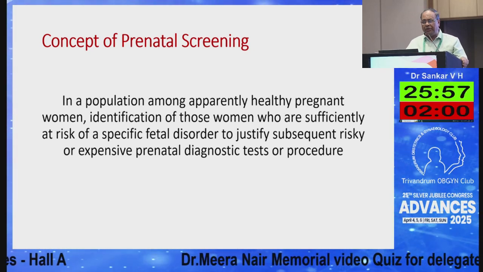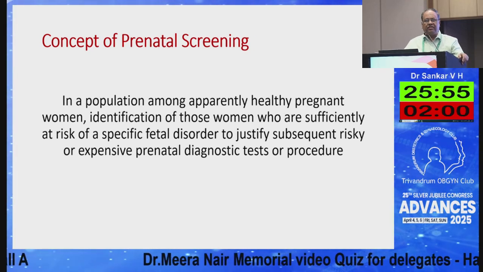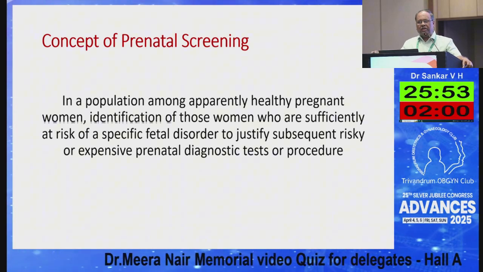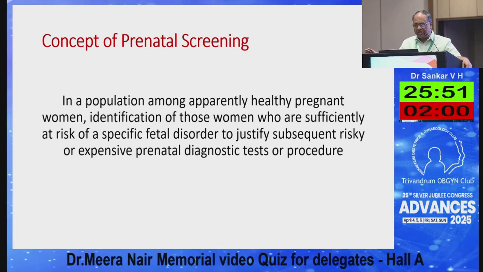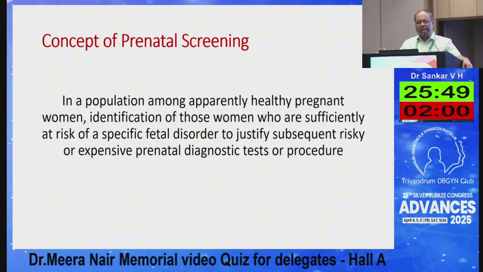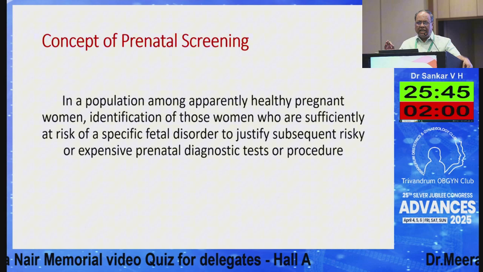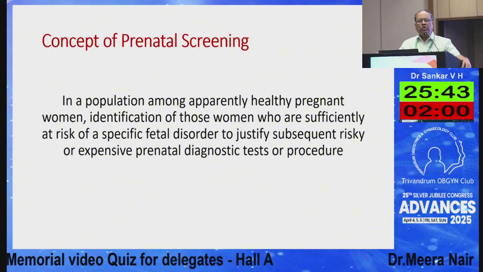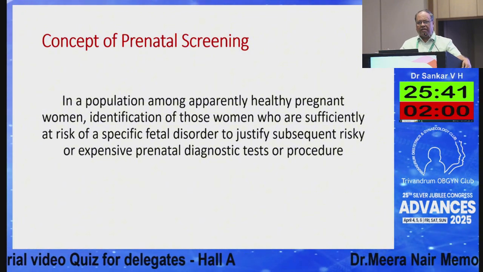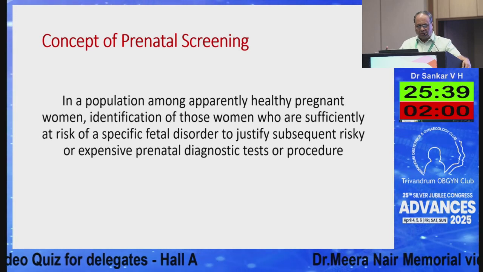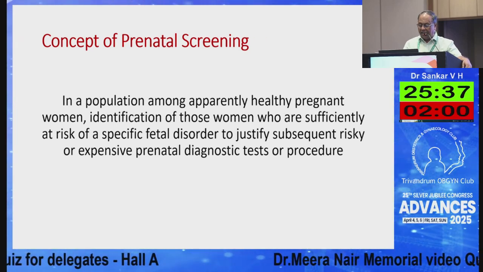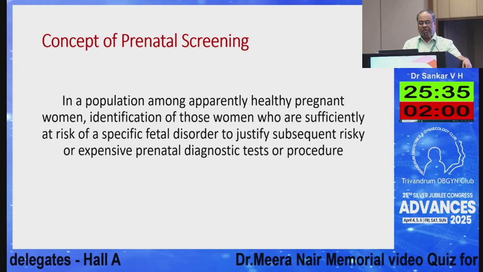So this NIPS or NIPT is basically a screening procedure. It is not a definitive diagnostic procedure, and you should not take an irreversible decision solely based on the NIPT. It is equal to other ultrasound and biochemical screening processes only. So it is a prenatal screening, it is not a prenatal diagnostic method.